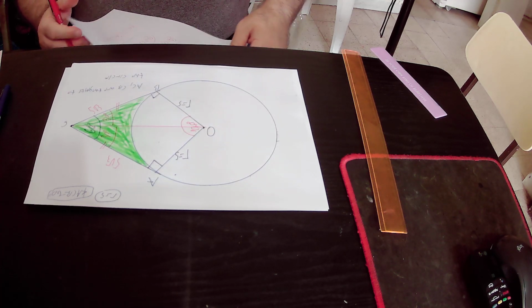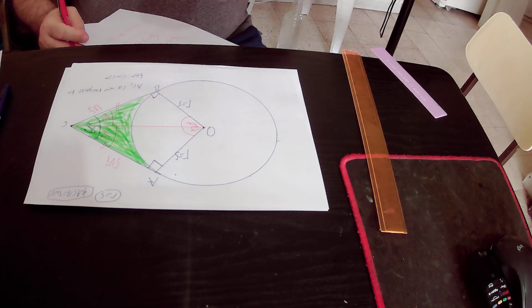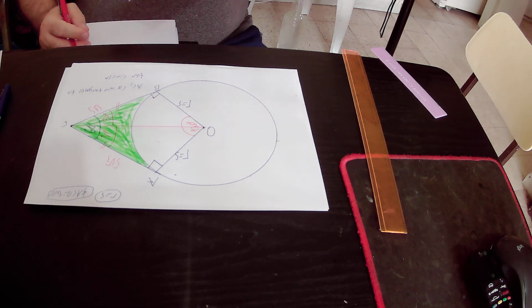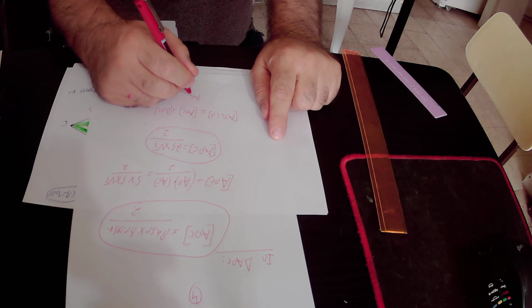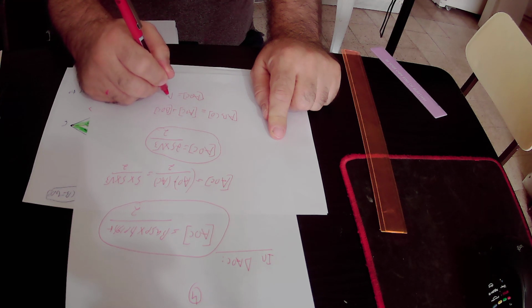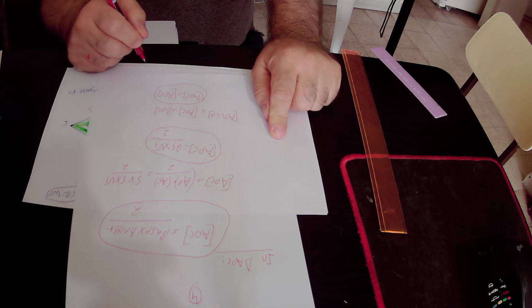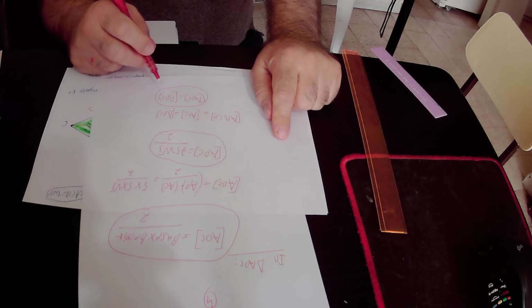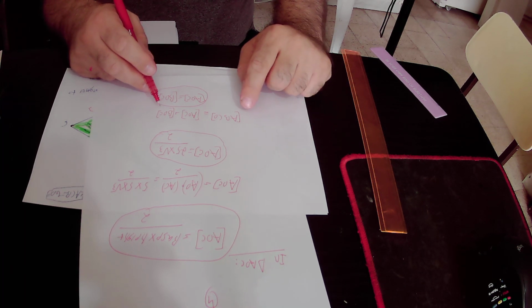But because triangle AOC is congruent to triangle BOC, the areas of those triangles will also be equal to each other. So the area of triangle AOC equals the area of triangle BOC. So we can substitute the area of triangle BOC by the area of triangle AOC in this formula.